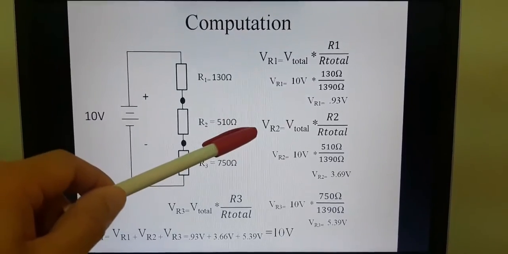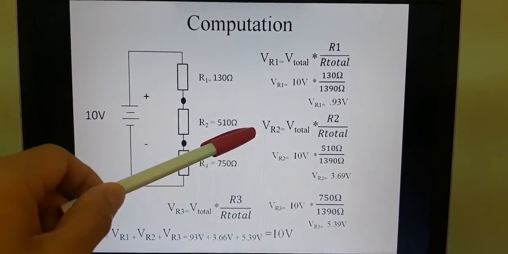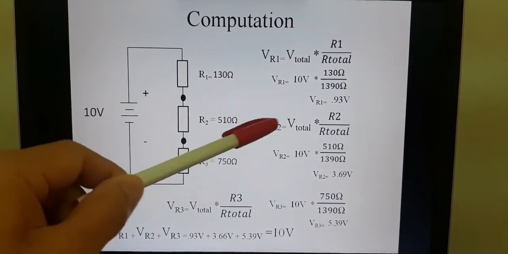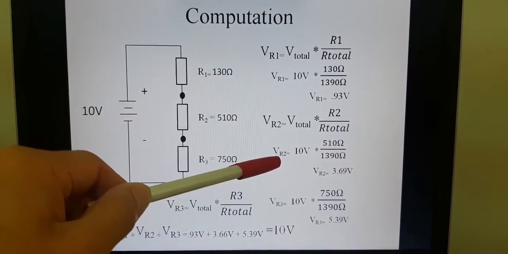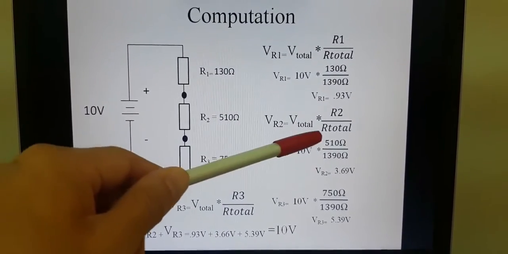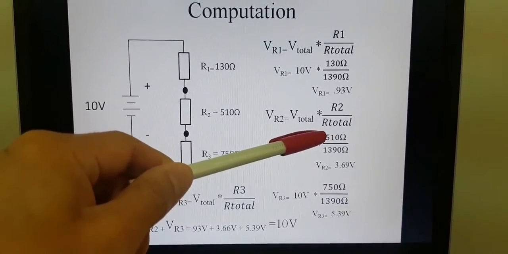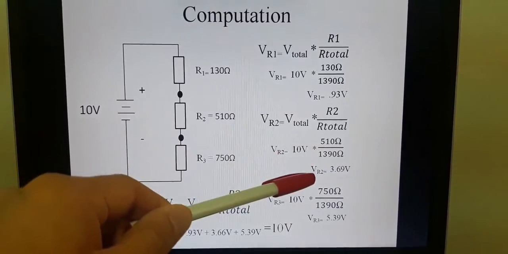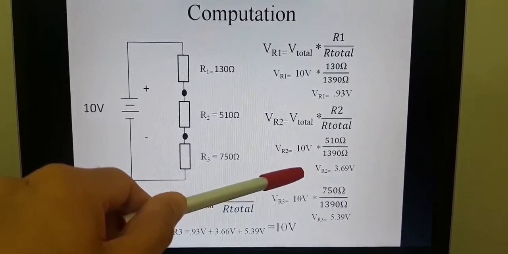Next, voltage drop in R2 is equal to total voltage, which is 10 volts, times R2 divided by total resistance. So voltage drop across R2 is equal to 10 volts times 510 ohms divided by 1390 ohms. So the voltage drop across R2 is 3.69 volts.